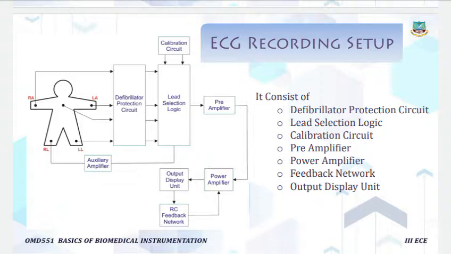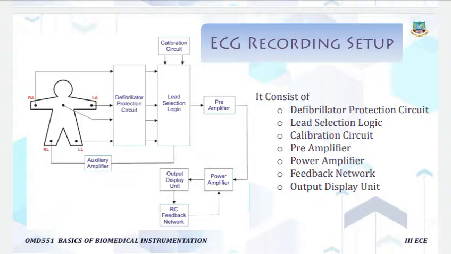This ECG recording setup consists of various circuits: defibrillator protection circuit, lead selection logic, calibration circuit, pre-amplifier and power amplifier. These two come under the bioamplifiers. Then the feedback network and output display unit.